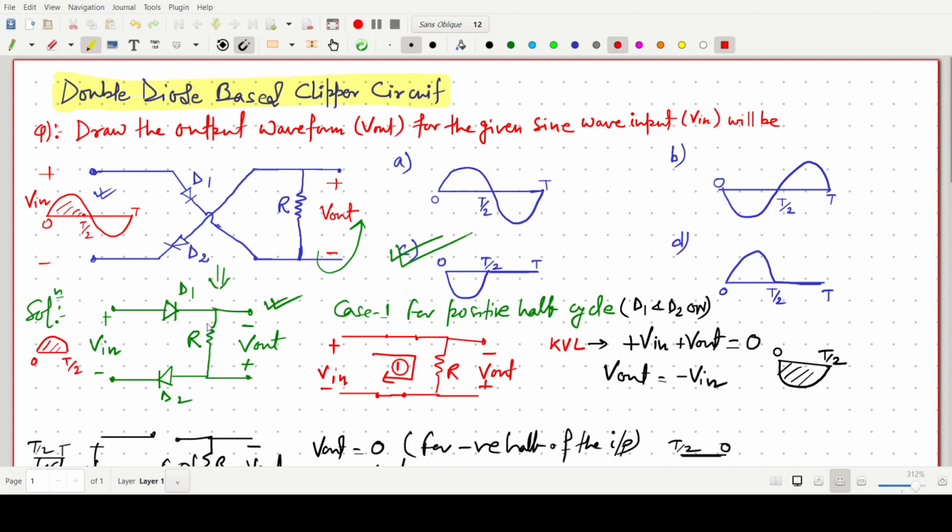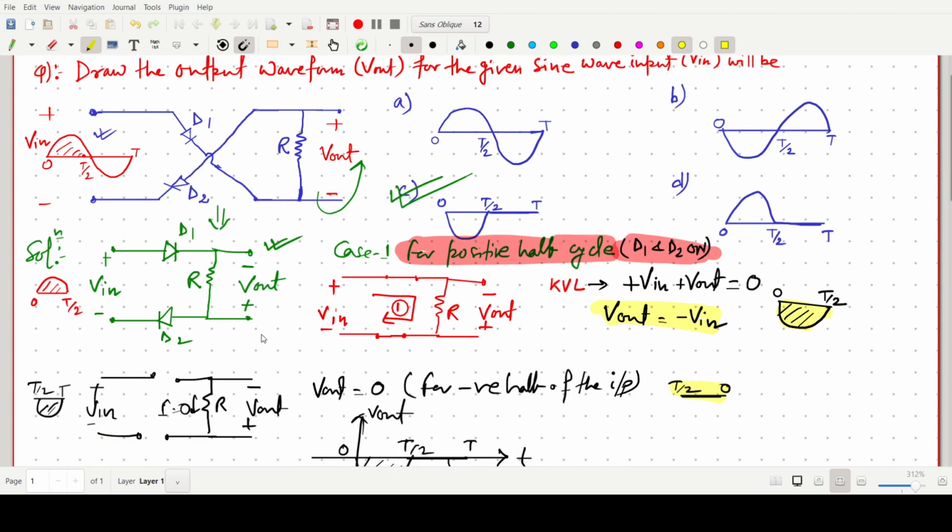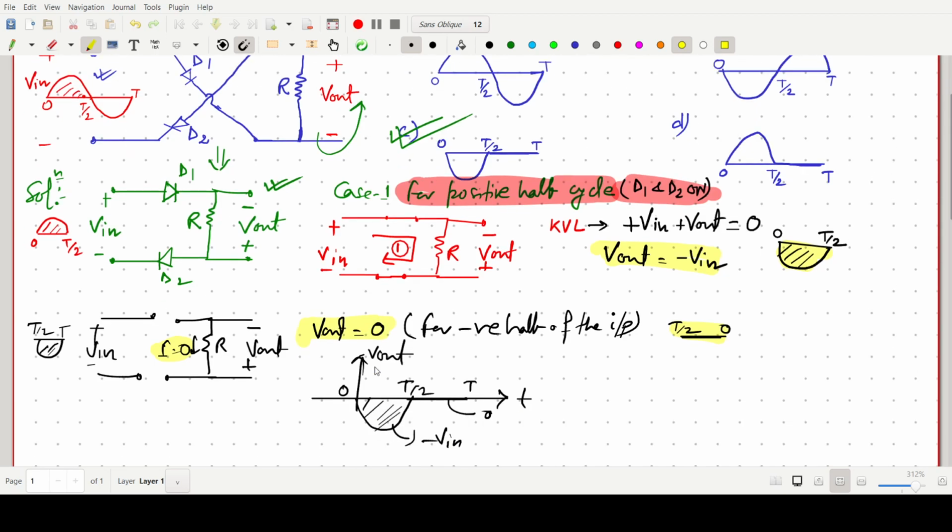Then for the positive half cycle, D1 and D2 are on, and we can find the value of V output, which is just the inverted input. So the output will be this one. For the next negative half, the output will be 0 because both diodes are off and there will be 0 current in this resistor. So the final response will be like that.